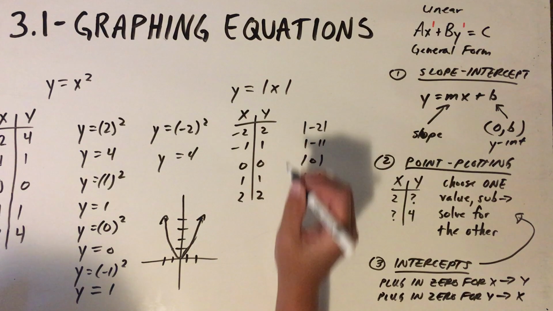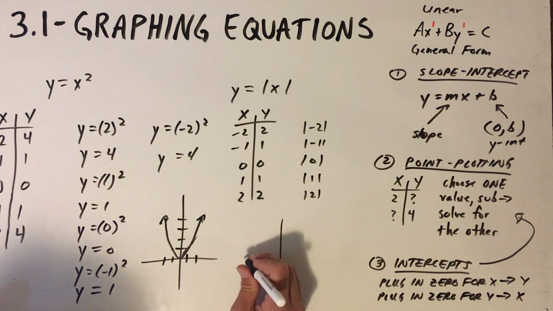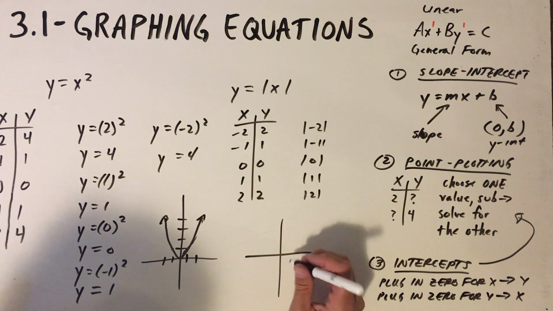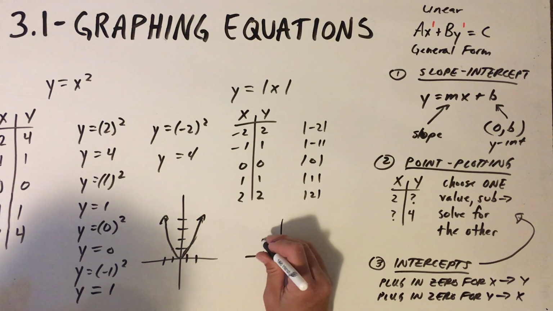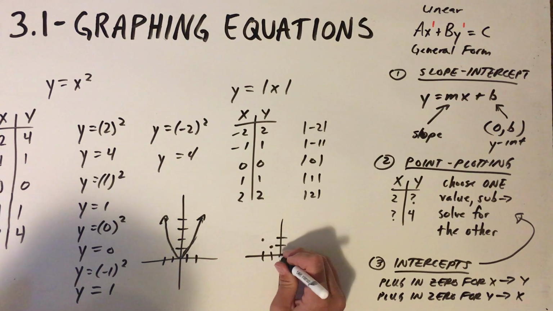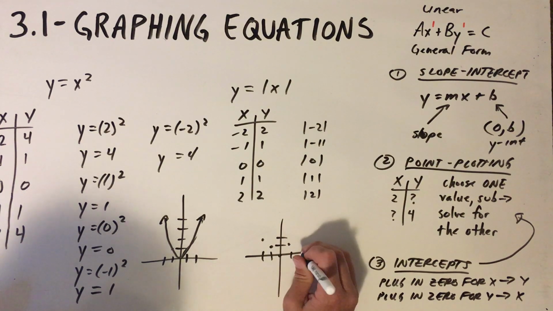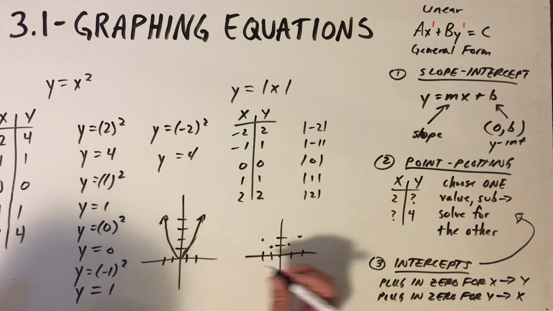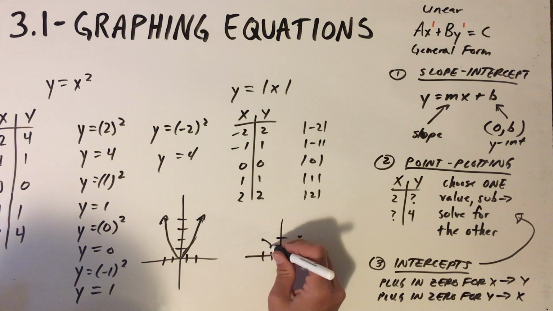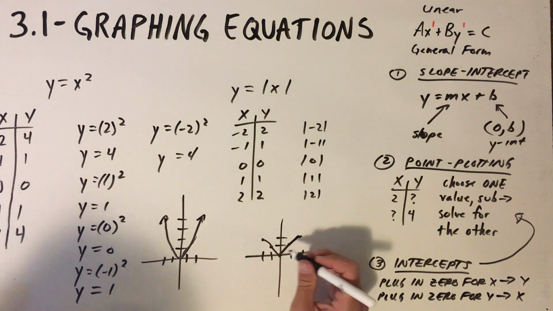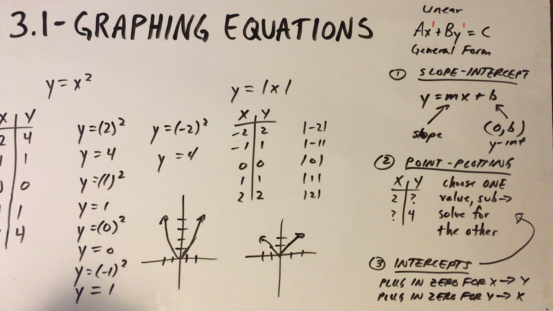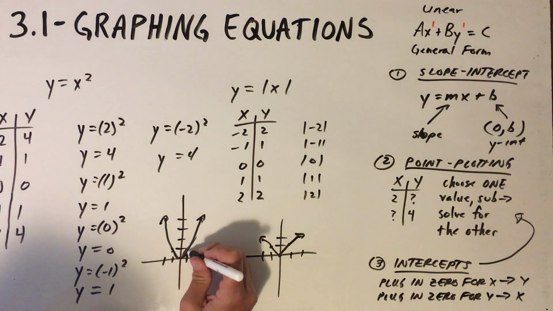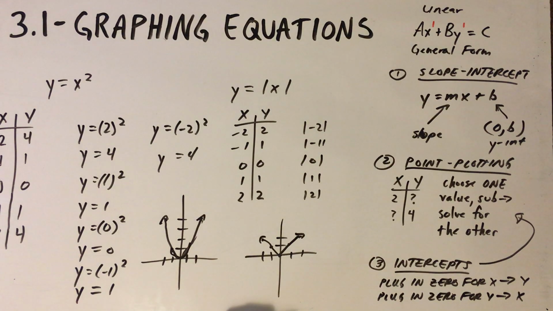So these are my y values, and what does this graph look like then? When we are at -2, we're at 2, -1, 1, 0, 0, 1, 1, and 2, 2. Now these might look similar, but this one is a hard V. Okay, so an absolute value graph looks like a V, and a parabola looks like this U shape here.